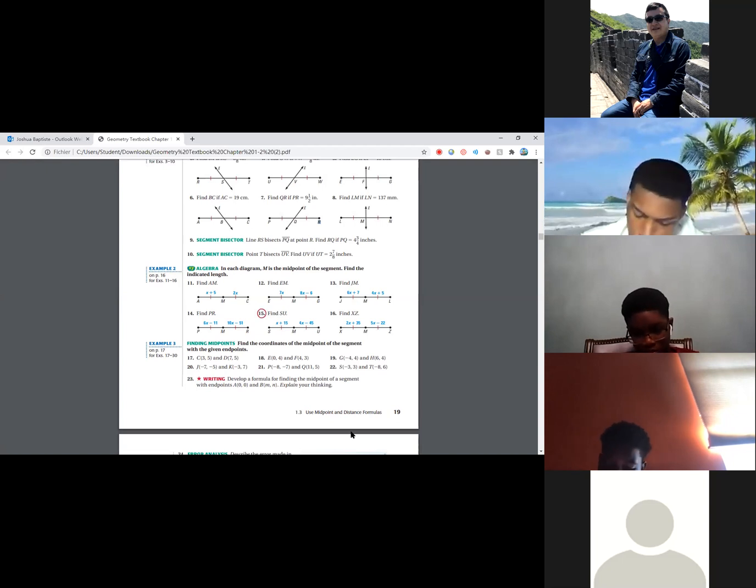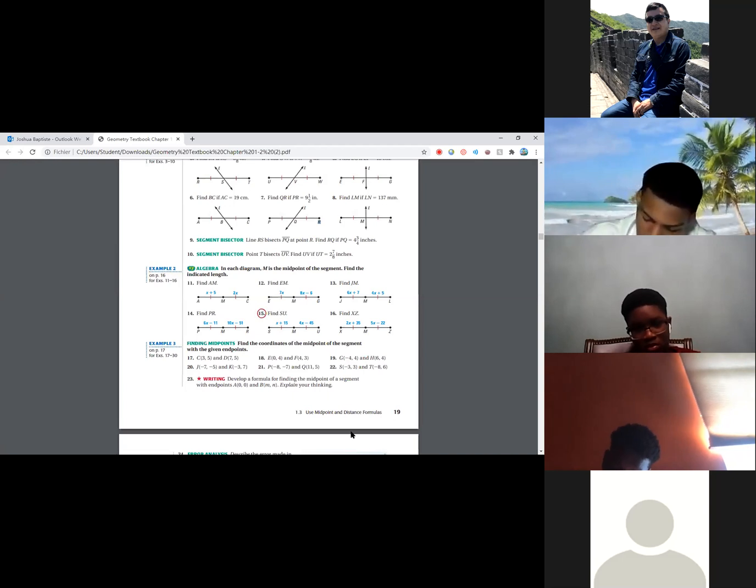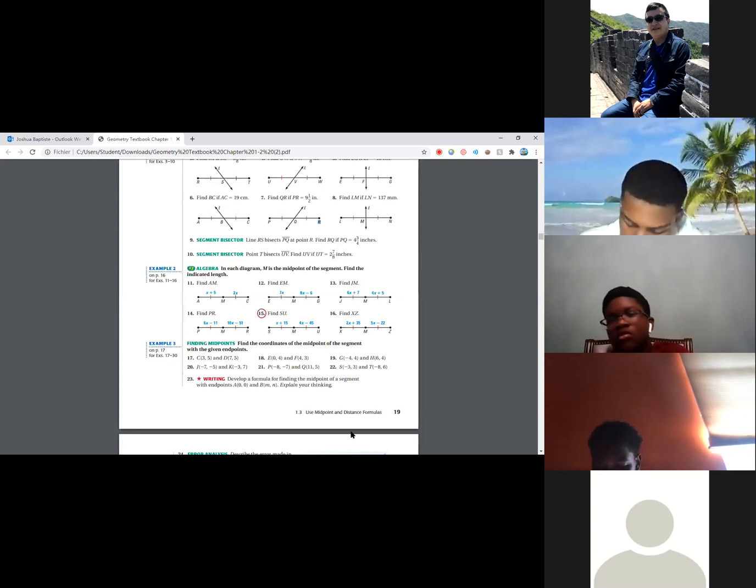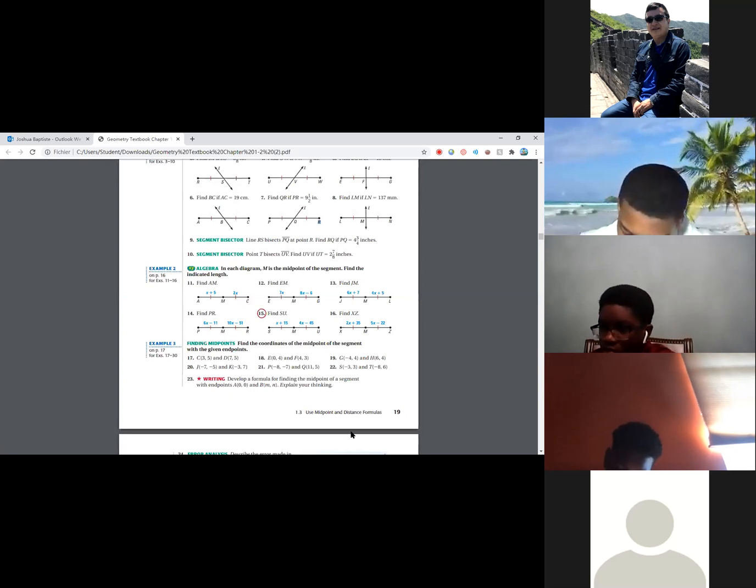Is it -4? Well, in 18, you're supposed to find the coordinates of the midpoint of the segment. Did you do number 18 or did you do a different number?